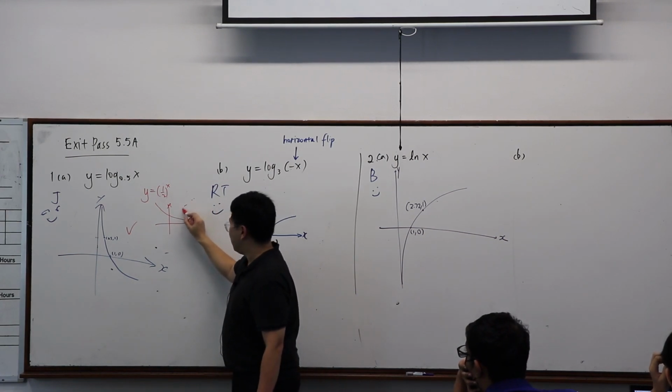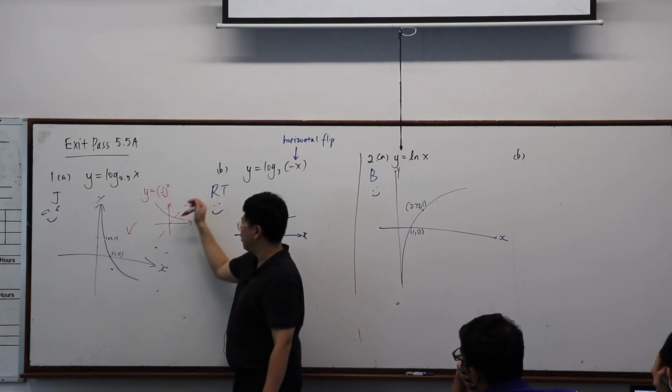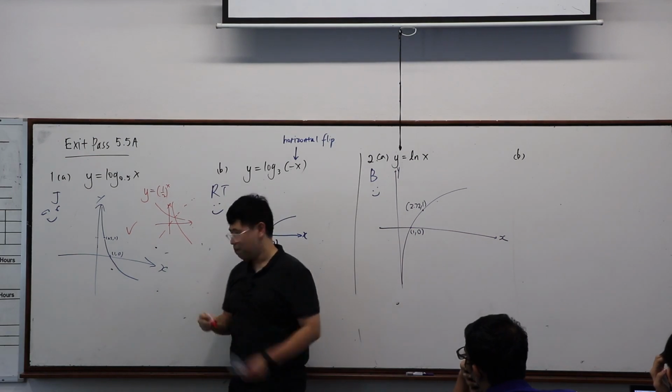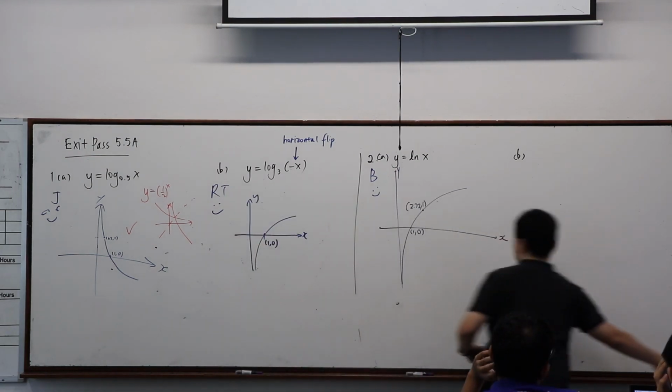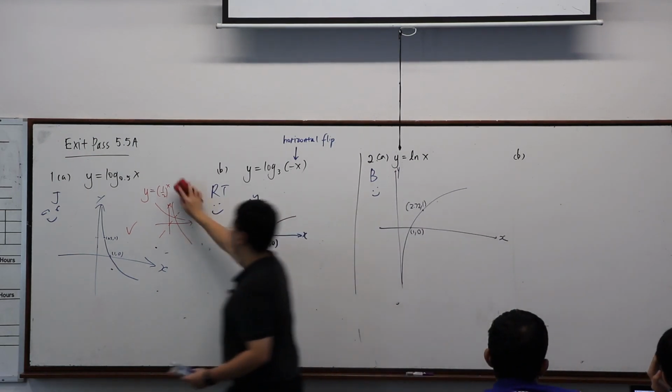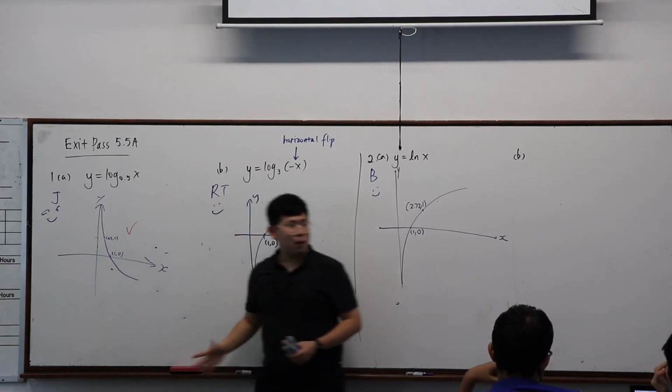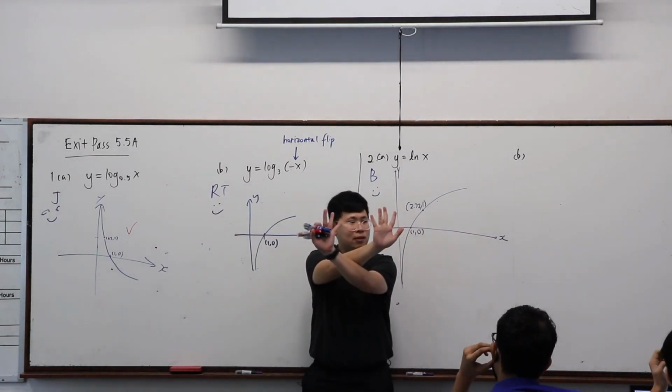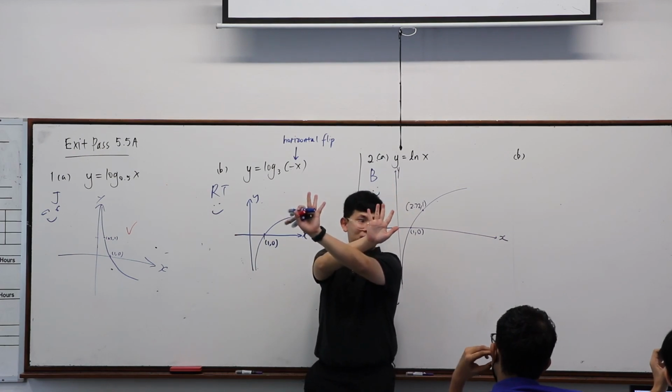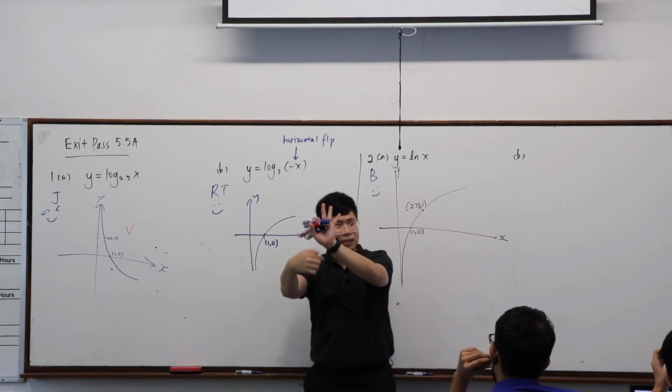Then you need to do the flip this side, and it will look something like this. Otherwise, you just try to remember. How to remember? Left hand, right hand. Positive, negative. So the negative one will be something like this.